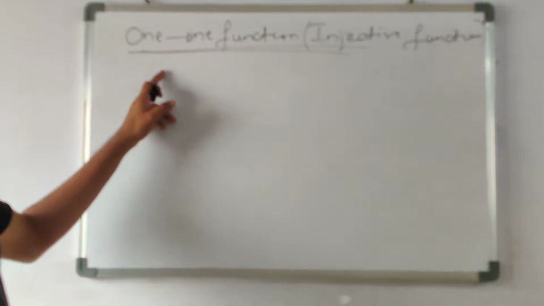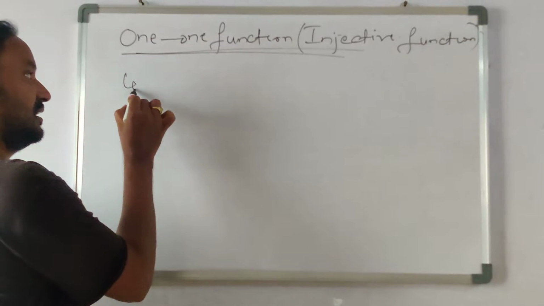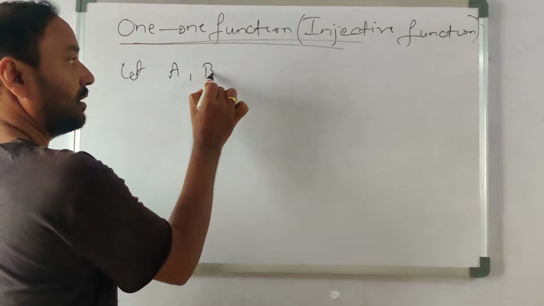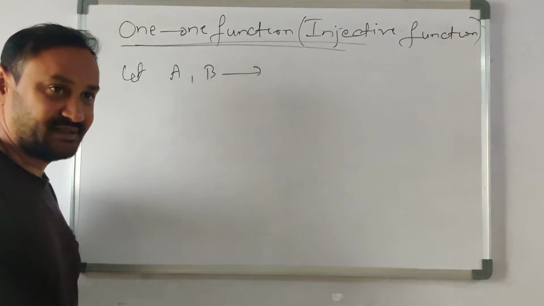The definition of the one-one function: first, let A, B be two non-empty sets.